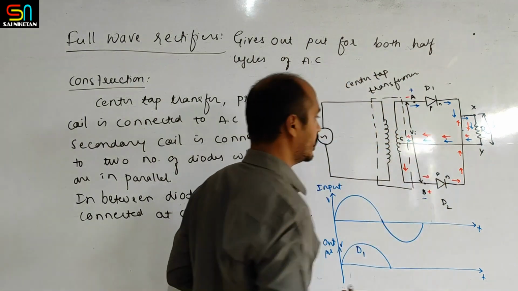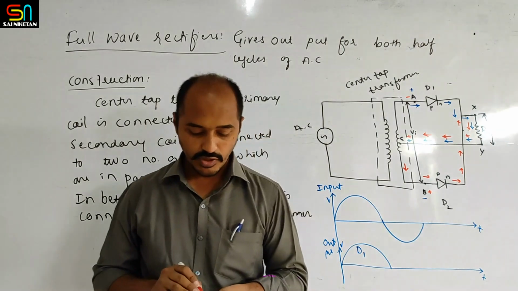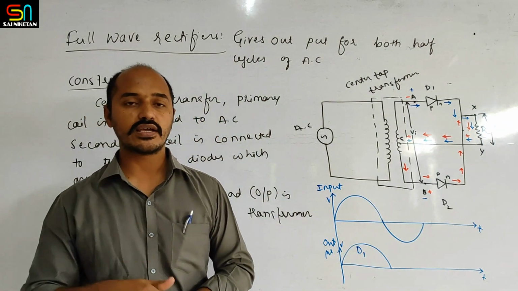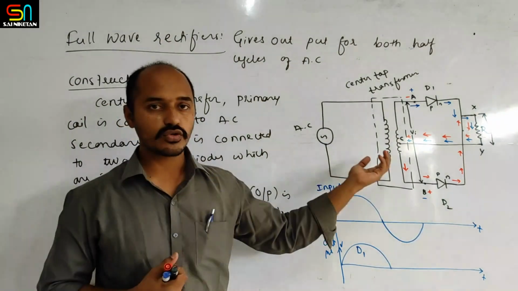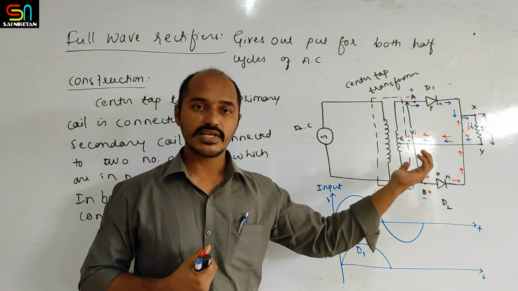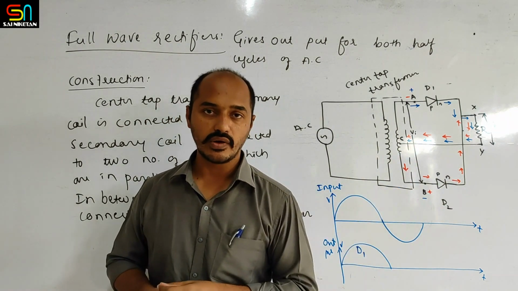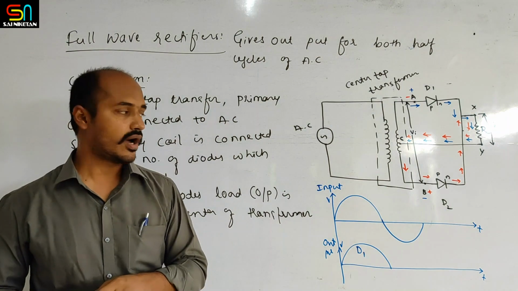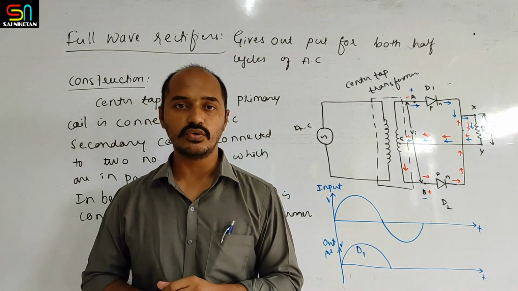So this is how the current flows. I'll repeat once again. When the negative half cycle flows through the primary coil, the same negative half cycle will be induced as per the required voltage in the secondary coil. During this half cycle, point B becomes positive and point A becomes negative.